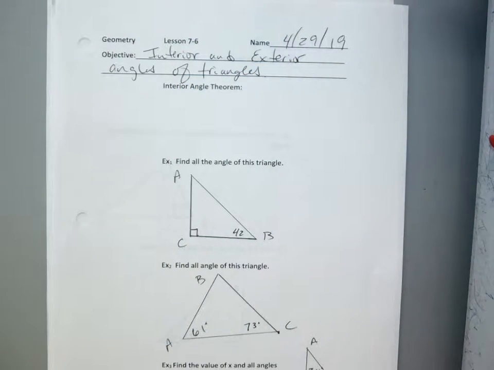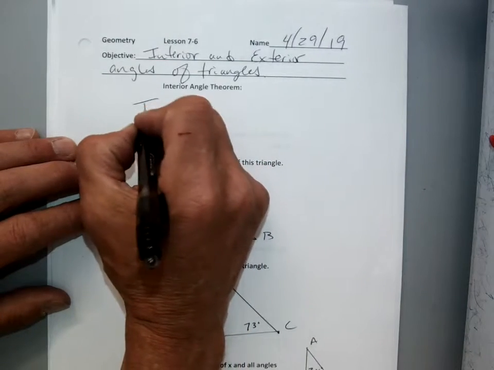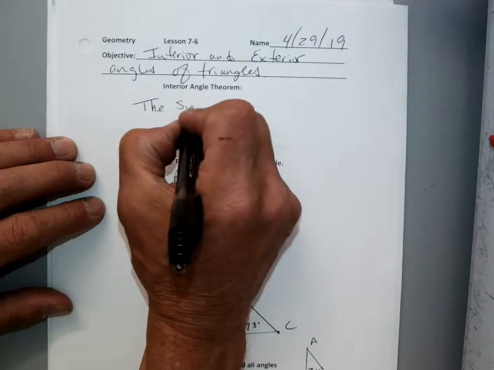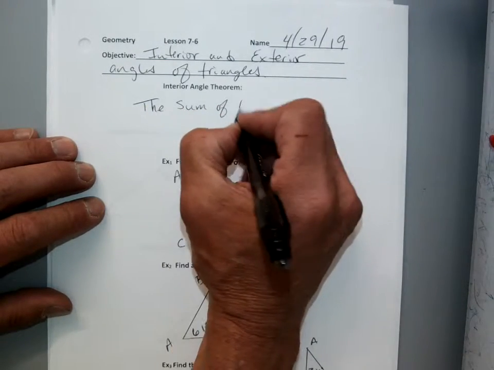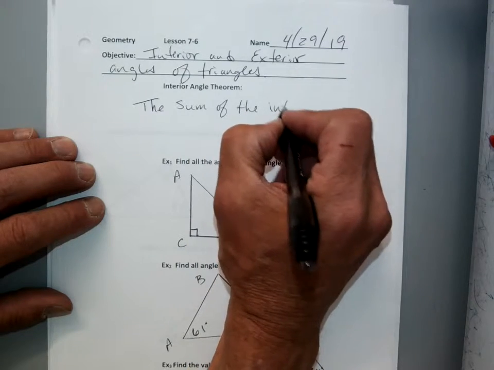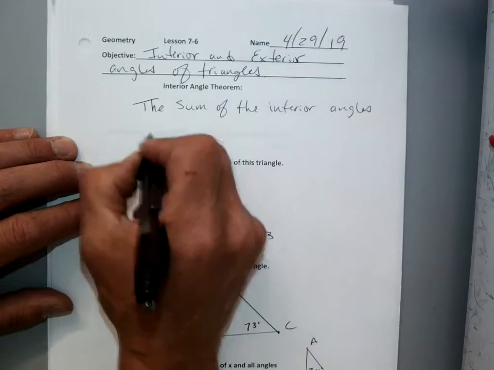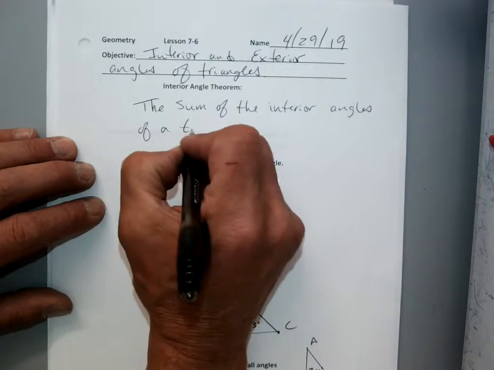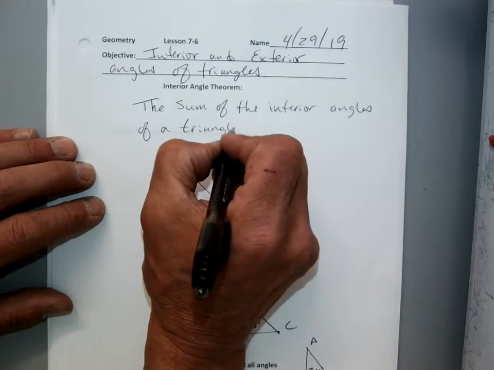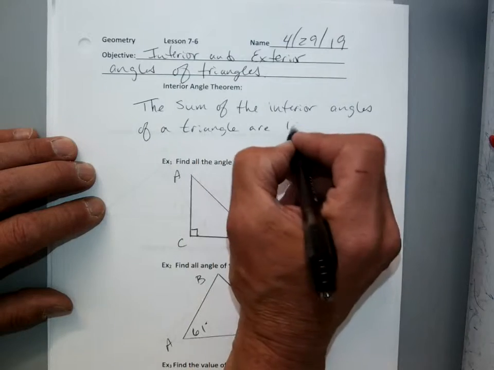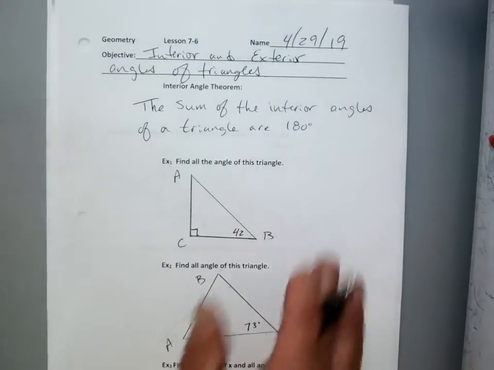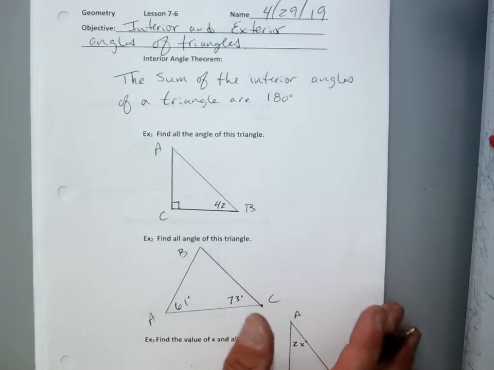We already know this one: that the sum of the interior angles of a triangle are 180 degrees, okay? Now we know this, so this should be a pretty easy lesson, okay?